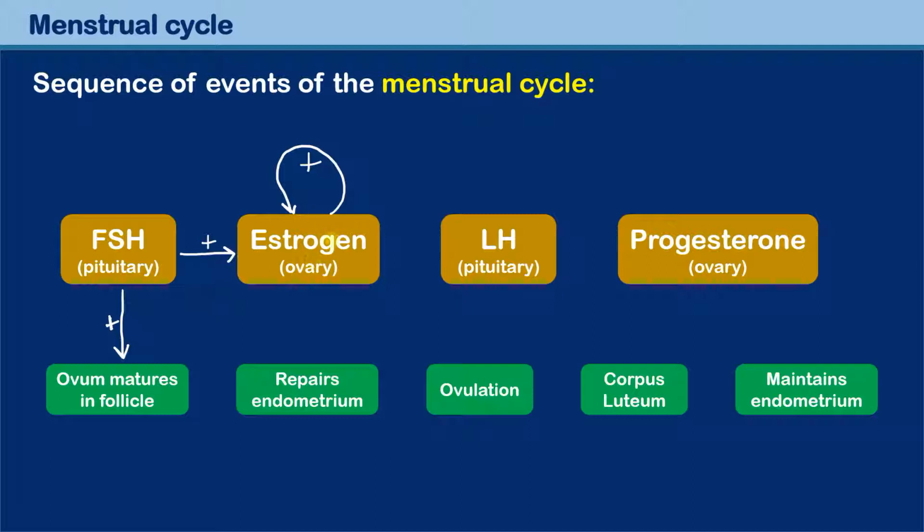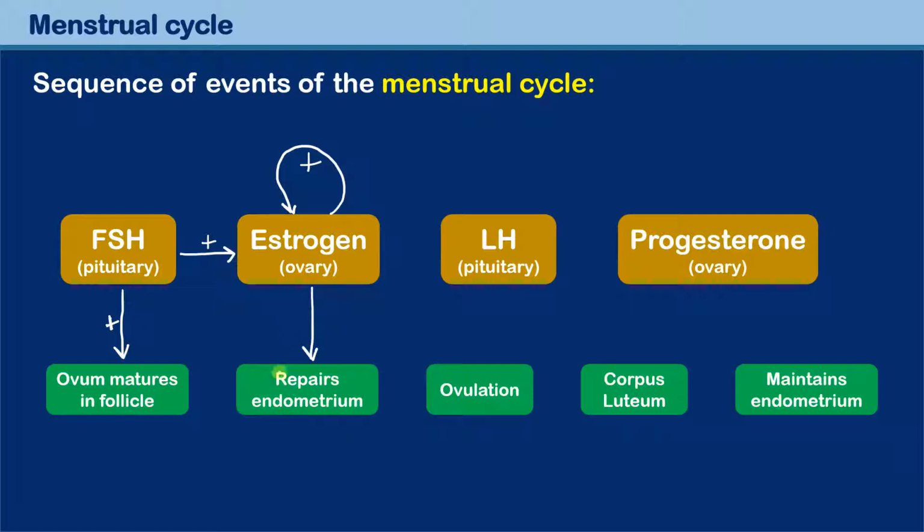And now the level of estrogen increases, and what effect does this have? It repairs the endometrium, and the endometrium is the inside lining of the uterus. It has to repair, or rather regenerate it, because the endometrium was lost during the previous menstrual bleeding.